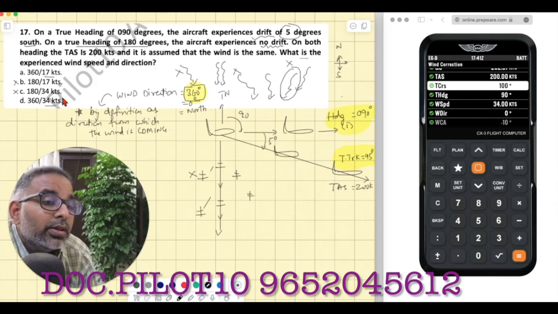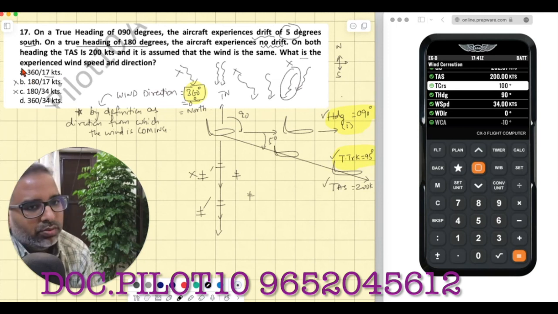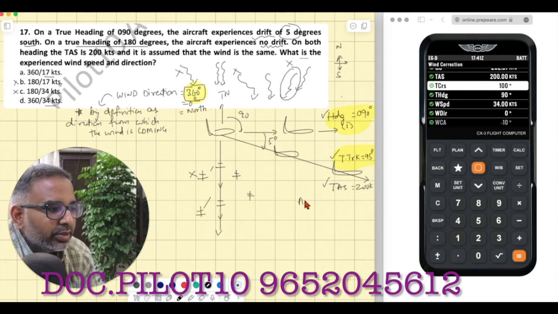Now how to solve this? We will take the first scenario. You have the true heading, you have the true track, you have the TAS. Now let's assume option A might be correct. So let's assume winds of 360, coming from north at 17 knots.